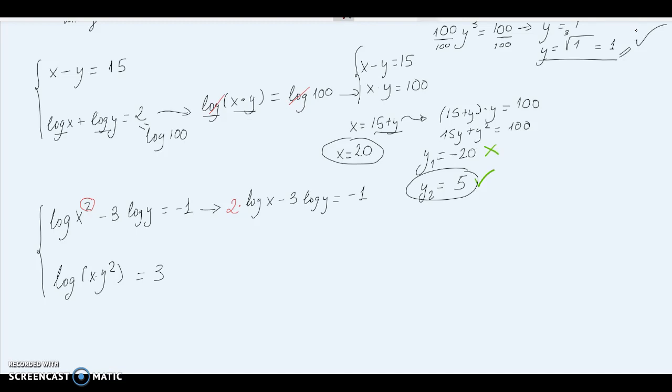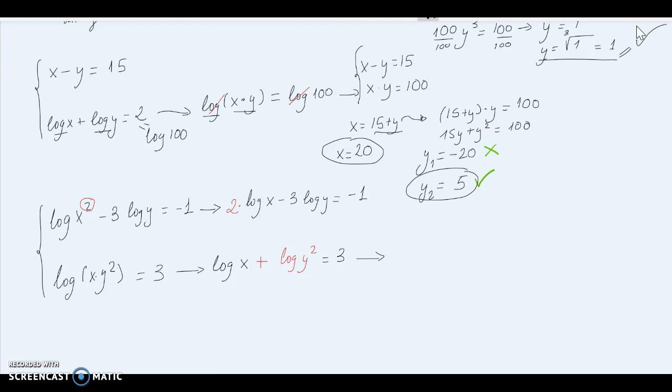So I will get log of x plus log of y squared equals 3.